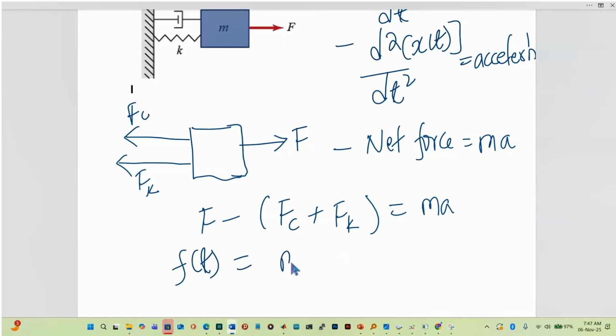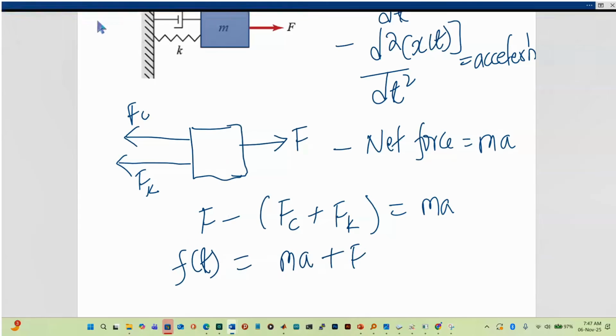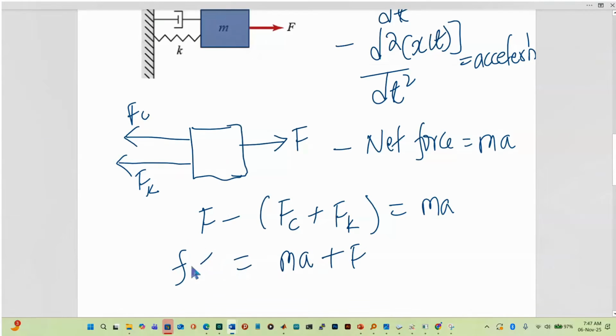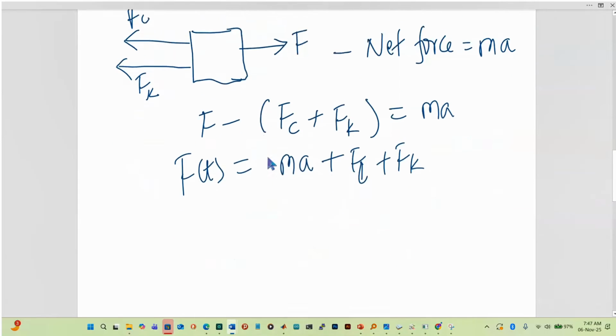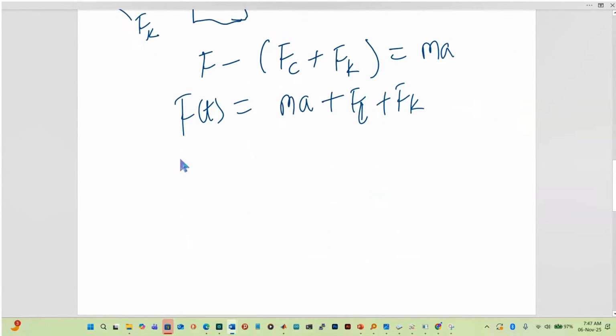So let's keep this as the capital F. F of t will equal MA plus Fc plus Fk. But what is Fc? We already know that Fc is directly proportional to velocity.